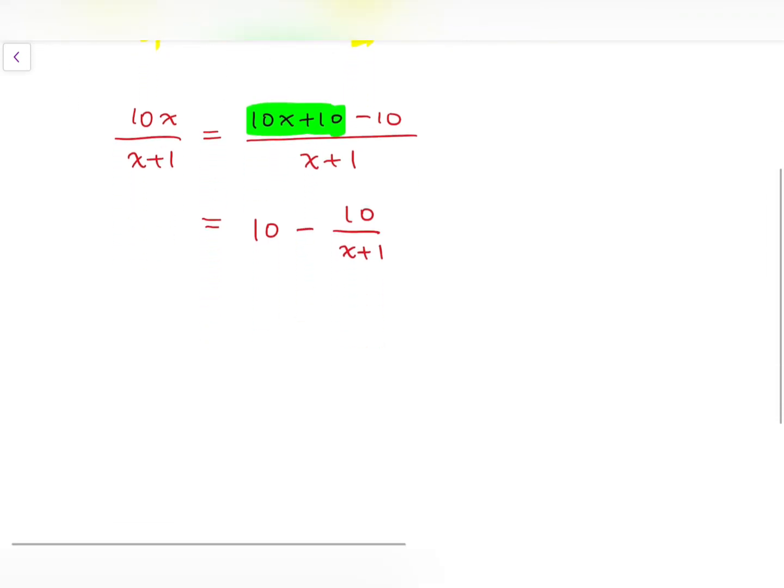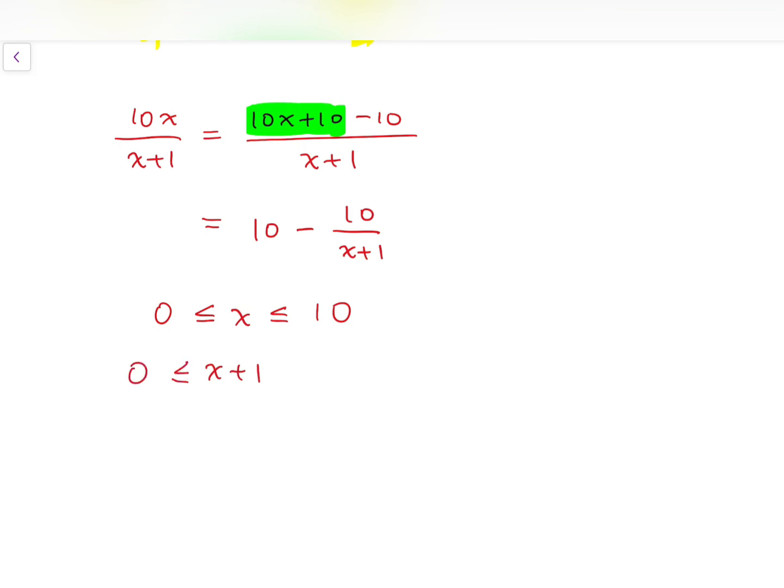Now from this, I can start off with x between 0 and 10, and then x plus 1 is between 1 and 11. Then 1 over x plus 1 is between 1 over 11, taken from the maximum, and we do the reciprocal, so it becomes the minimum. And then the maximum becomes 1.